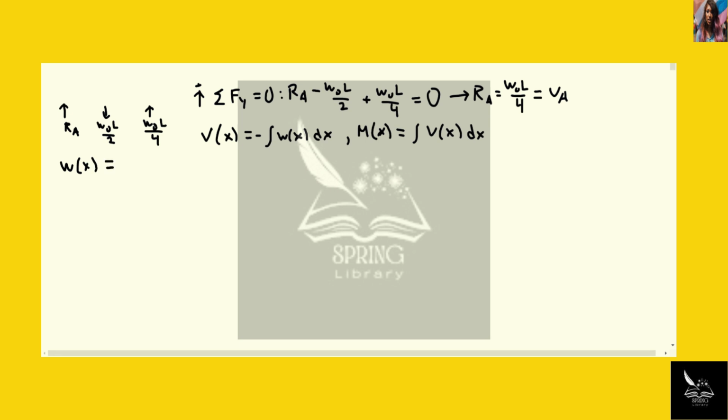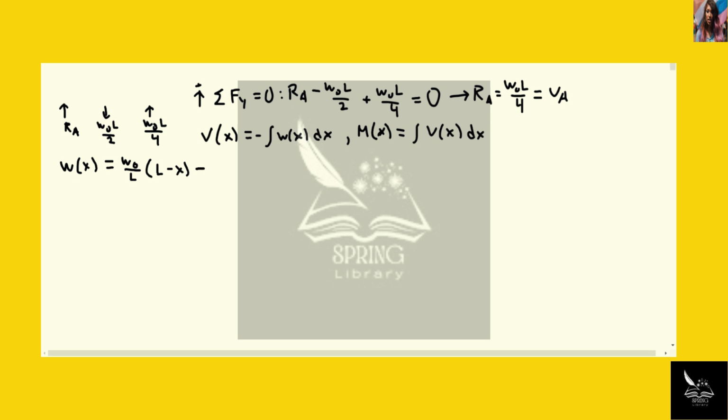Now we can combine these two linearly varying distributed loads into one. So the first we'll write as W0 over L times L minus x, so that's this left resultant.